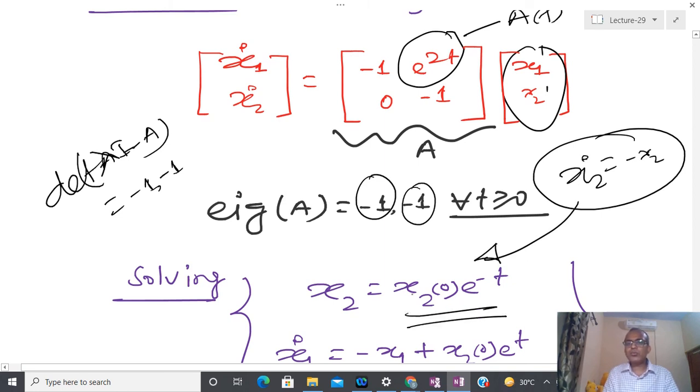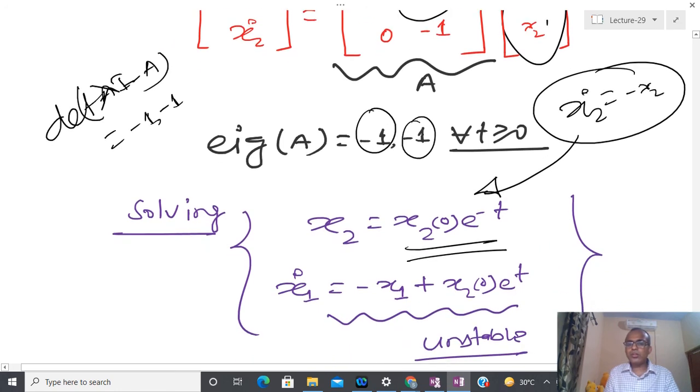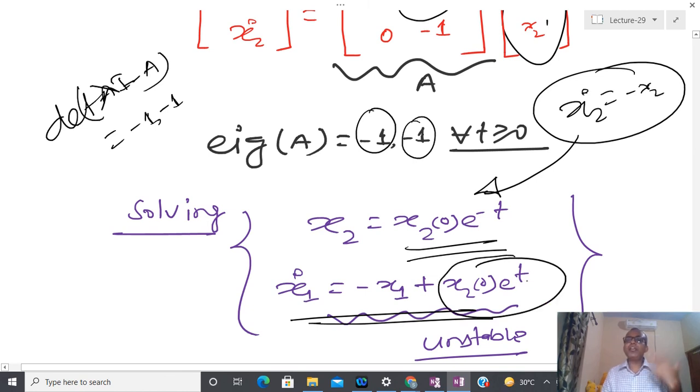Once you know the solution, you can substitute it into the first equation. If you do that, you can see that now you have this kind of equation, and this term is blowing up as t tends to infinity. So x1 never converges towards 0. There exists some time t such that the trajectory will blow up.